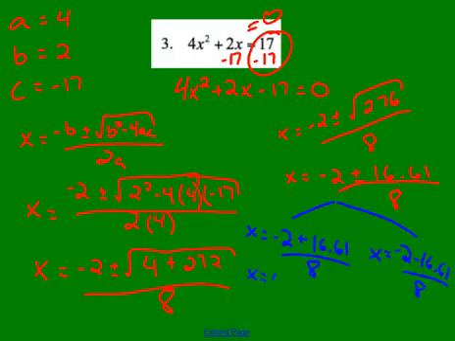Here we have x equals 14.61 divided by 8, and here we have x equals negative 18.61 divided by 8. If you do that correctly in your calculator, you're going to have a negative 2.33 and a positive 1.83.